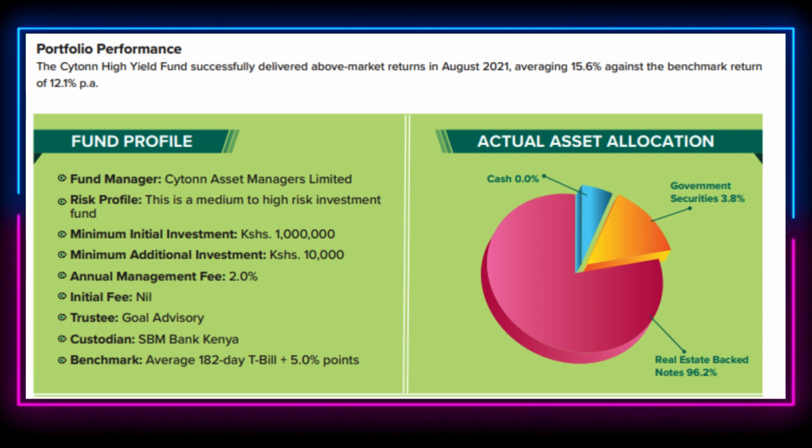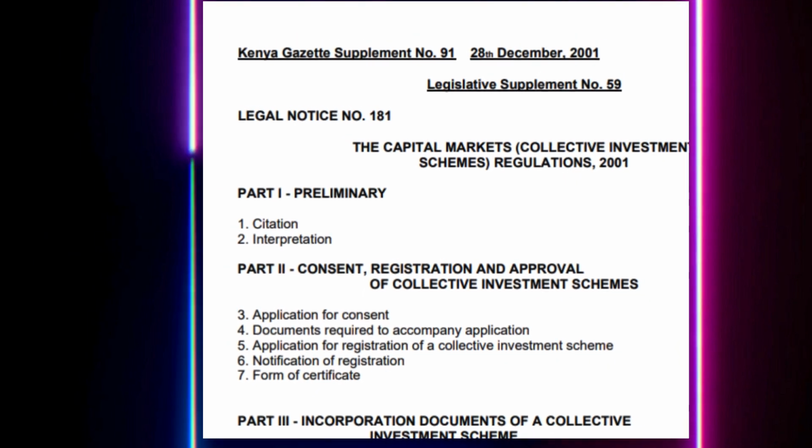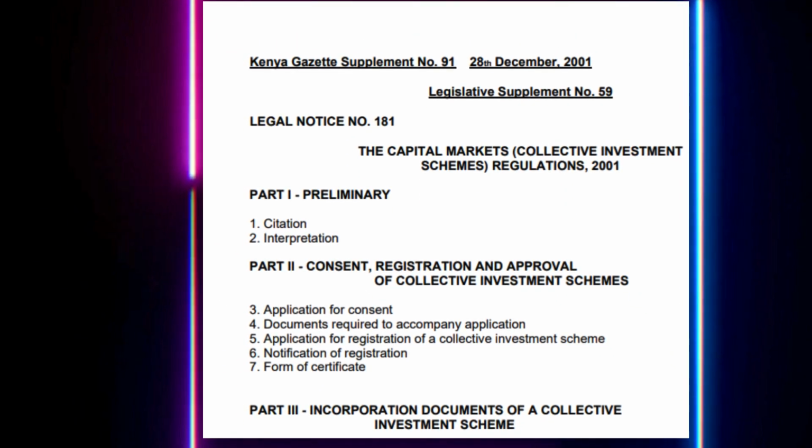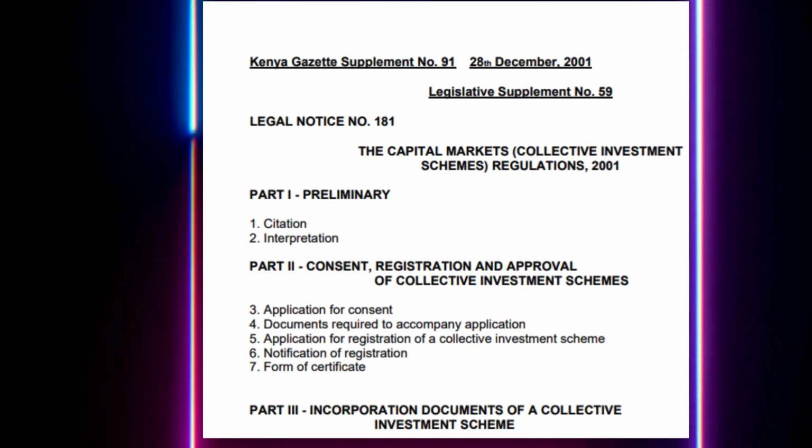You can see from this one, they have listed Cytonn Asset Managers Limited as the fund manager for this particular fund. So it is very clear that this investment was a collective investment scheme, which translates to it having to adhere to the Capital Markets Collective Investment Schemes Regulations of 2001.